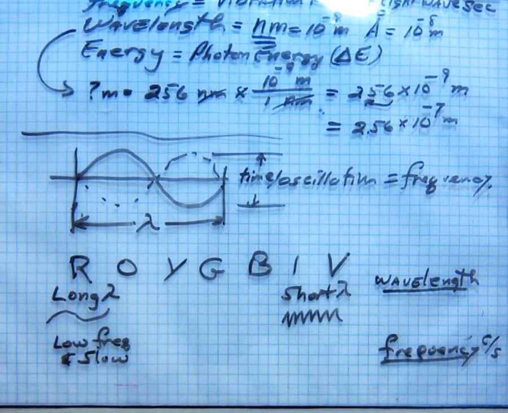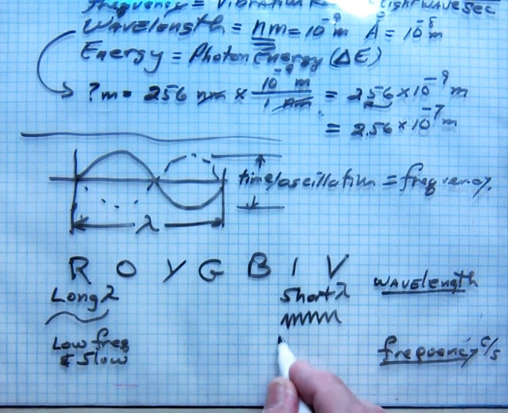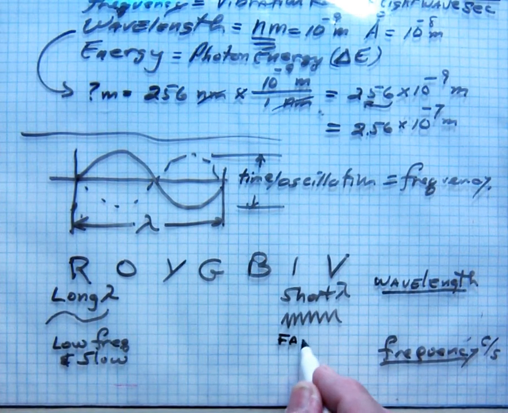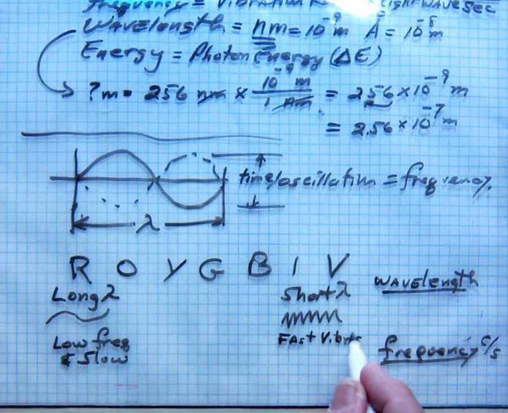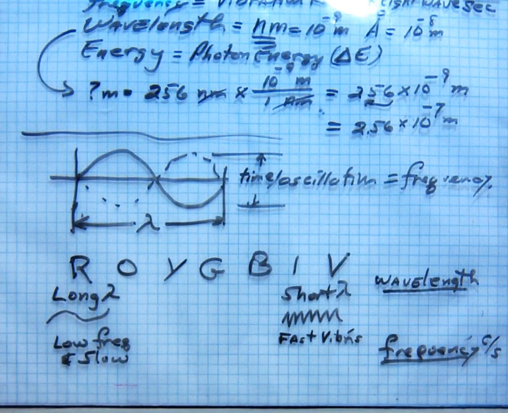Low and slow. On the other end, you get up into real fast, very, very high speed vibrations. So as we go from long wavelengths to short wavelengths, we also go from low vibration rates to high vibration rates. And the last one is energy. Is that up here?